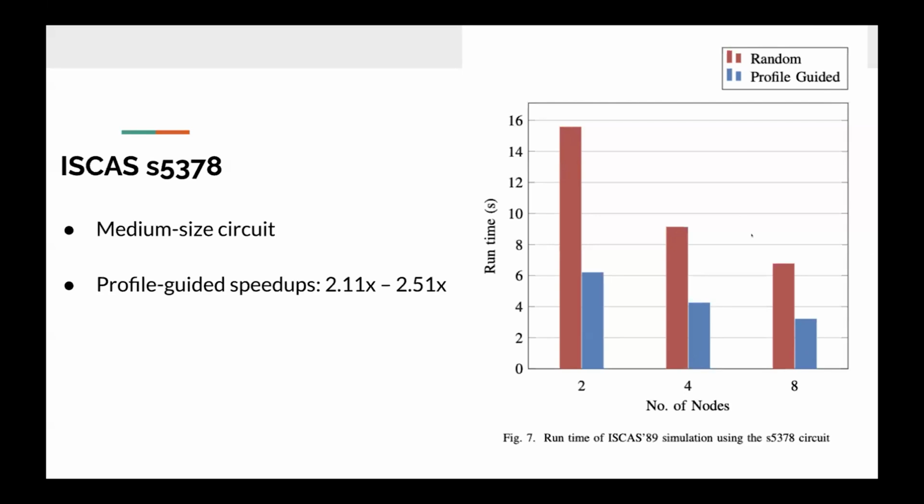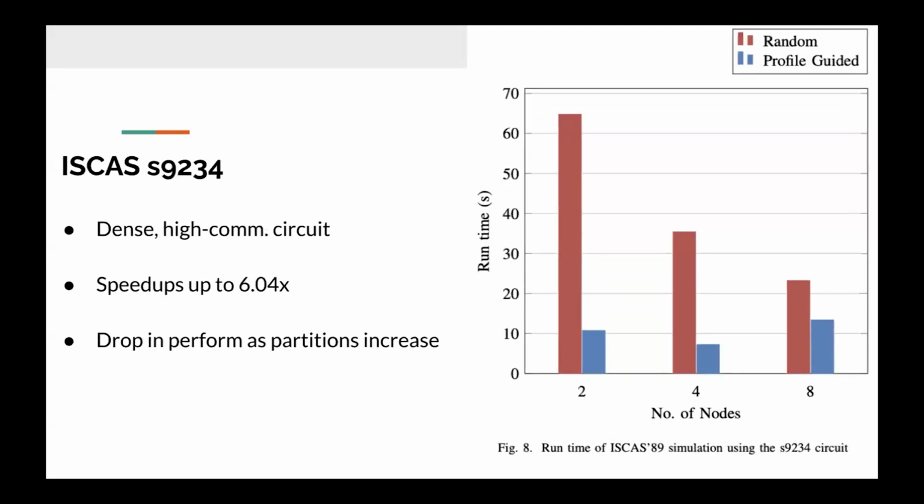This tells us that even for moderately complex models, communication aware partitioning provides significant benefits. As we increase the number of partitions, the challenge of preserving communication locality grows, but our method continues to deliver strong results.